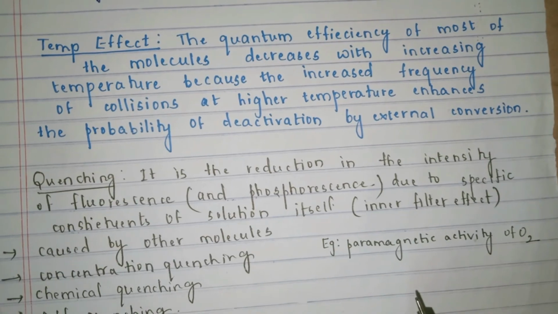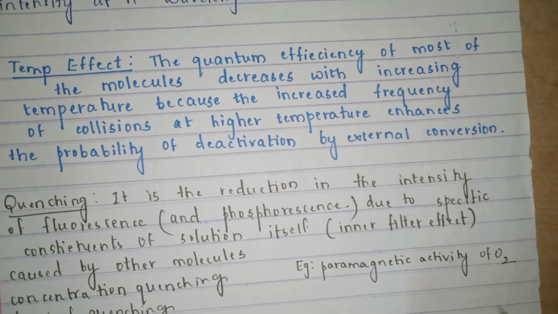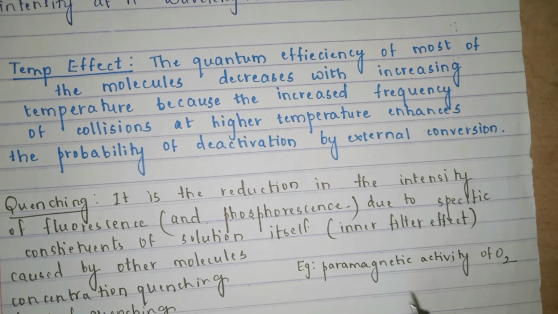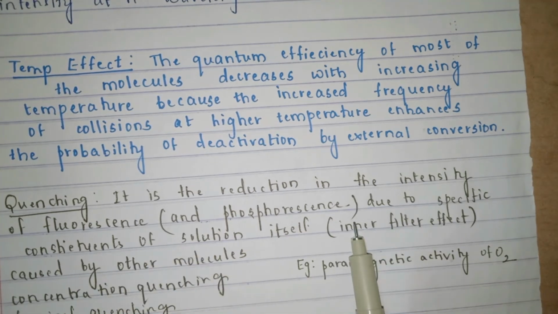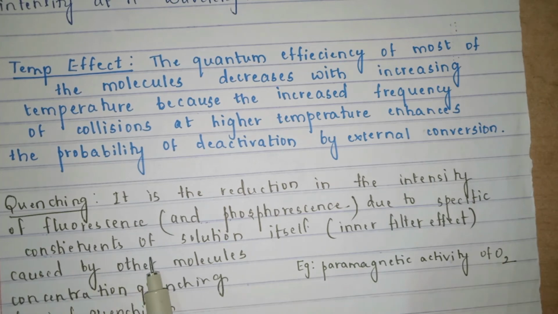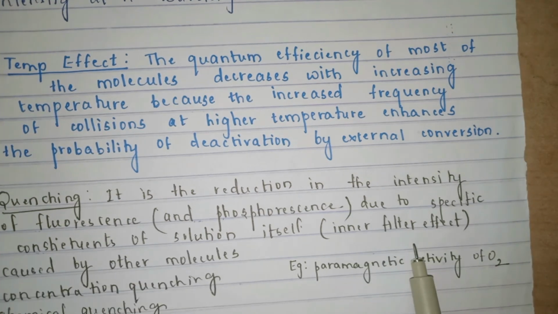Lastly, there is a phenomenon called quenching. Basically, the meaning of quenching is reducing, that is, reducing the fluorescing capacity. Now let us see. It is the reduction in the intensity of fluorescence and phosphorescence due to specific constituents of the solution itself. This is called the inner filter effect. We have already seen what an inner filter effect is.